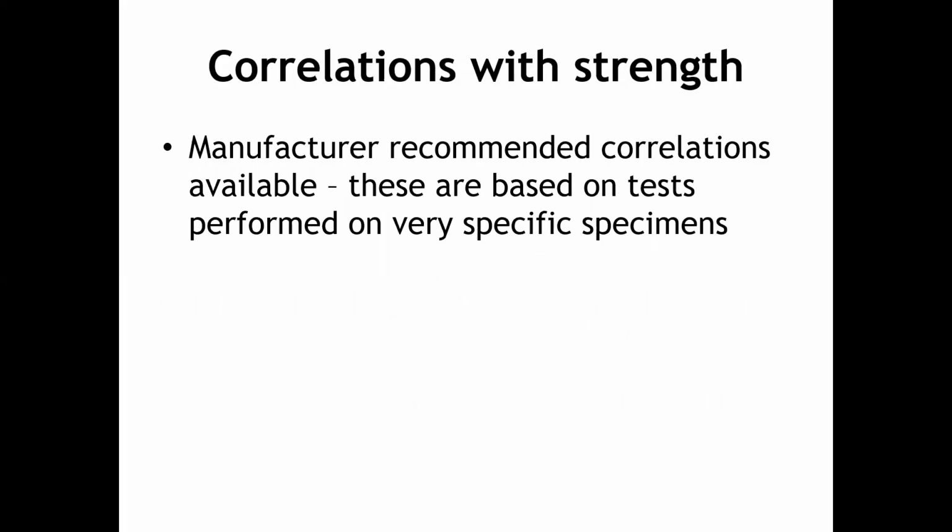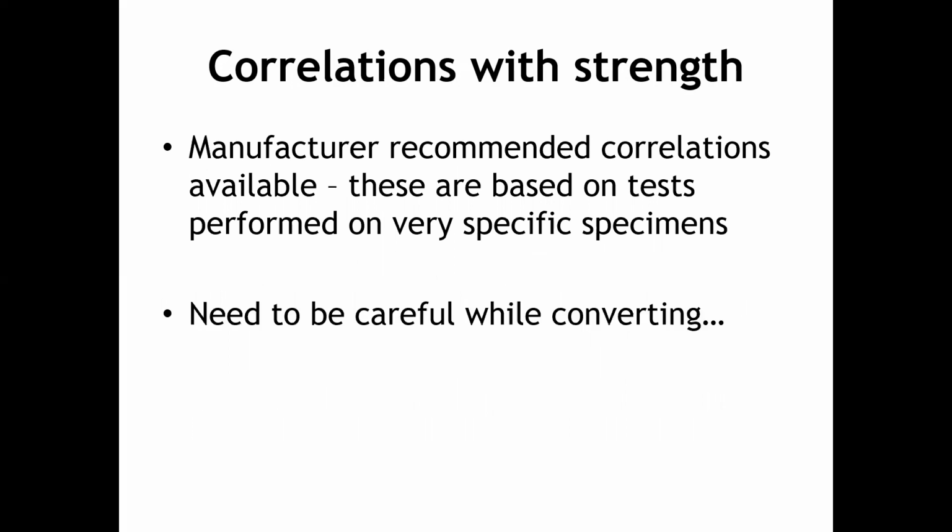When it comes to correlation, although the manufacturer is recommending a correlation chart which is available on the instrument itself, these tests were performed for specific specimens. So on site, we will not be able to carry forward the same correlation graph for the concrete members which we are testing at site.